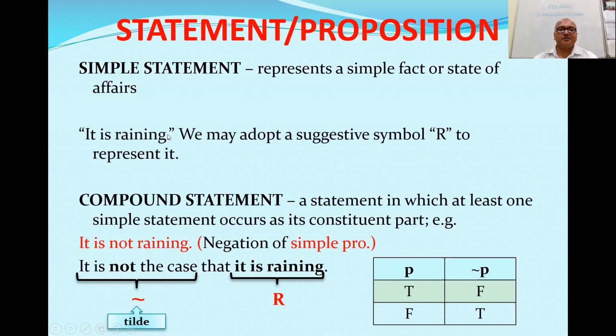The purpose of choosing a symbol is to refer to this statement, so we choose a convenient symbol so that we don't forget that this particular symbol was taken for this statement. So in this case, we have adopted capital R to represent the whole statement, it is raining. R we have taken from the first letter of raining. So whenever it occurs, we will know that R stands for it is raining.